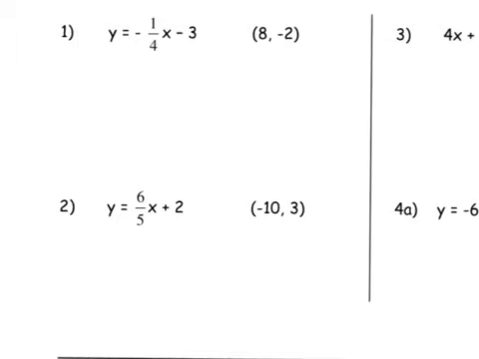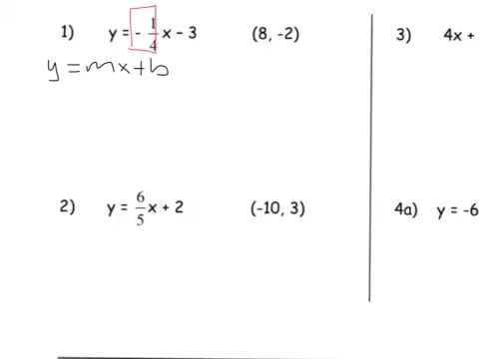Okay, we're going to do the same thing on this. y equals -1/4 x minus 3 goes through this point, 8, -2. We're also going to write an equation that's parallel to this one. So we know that we're going to have the same slope, but a different y-intercept. So we need to figure that out given this point and that slope. So we will use y equals mx plus b and substitute in the three values that I know. I know m, x, and y.